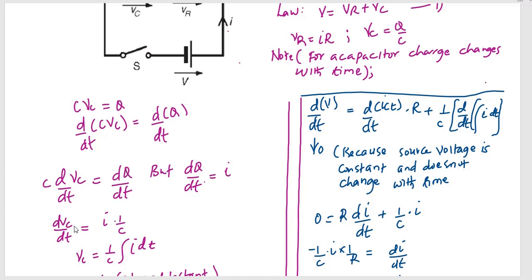Therefore, dVC/dt is equal to I, which is the current across the capacitor, divided by the capacitance of the capacitor. So when we want to get the total voltage VC across the capacitor, it will be equal to 1 over the capacitance of the capacitor times the integral of current with respect to time.